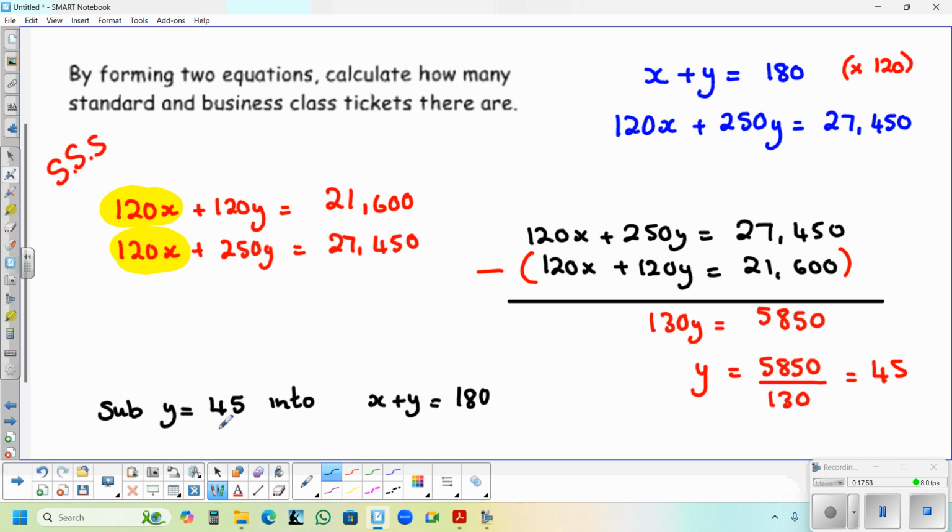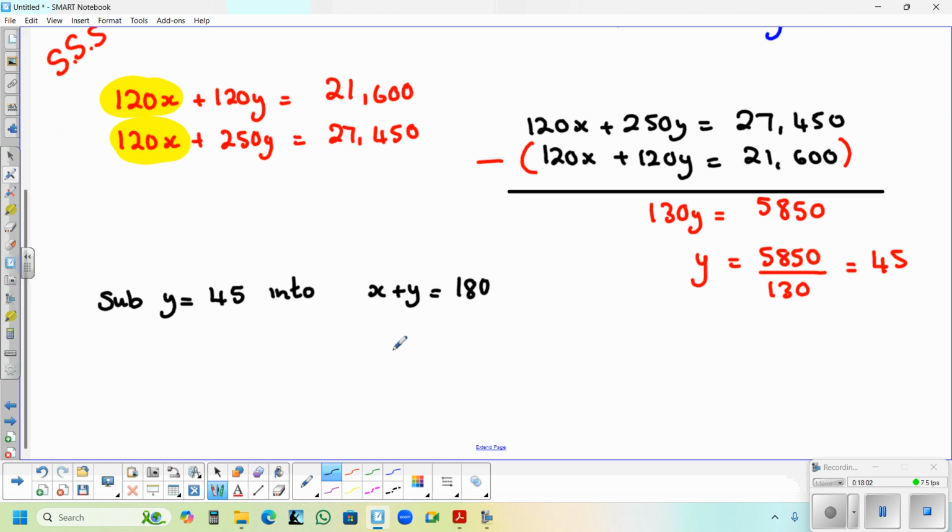So really that tells me I've got 45 of those business class tickets. So the rest of the plane has got to be the other type. So subbing that in, x plus 45 equals 180. I take away 45 from each side. So 180 take away 45, and that leaves me with 135. So x is 135.